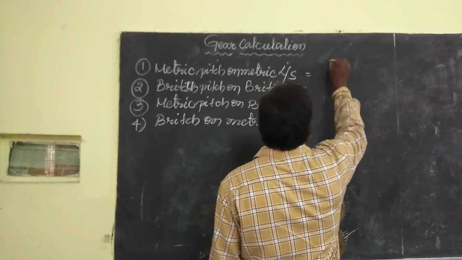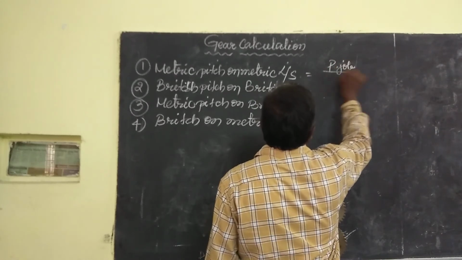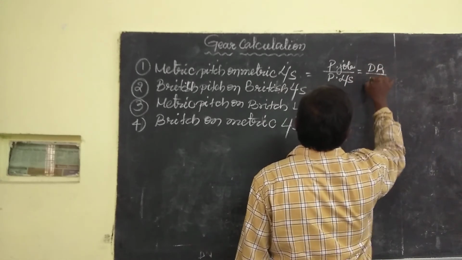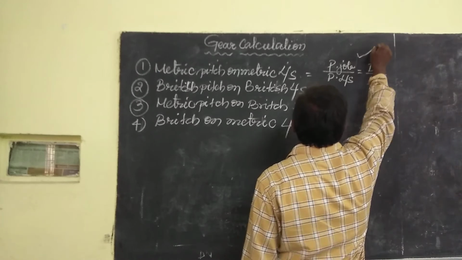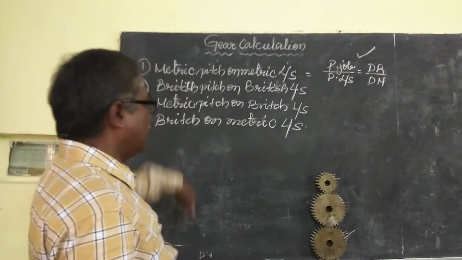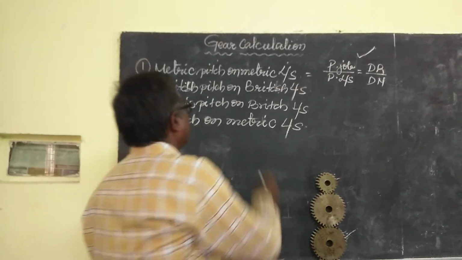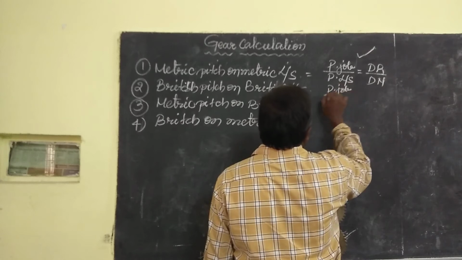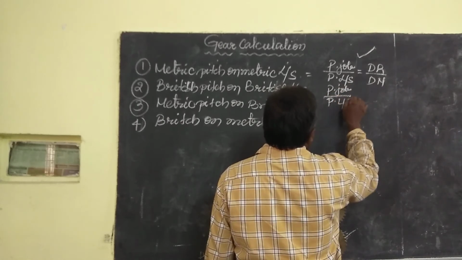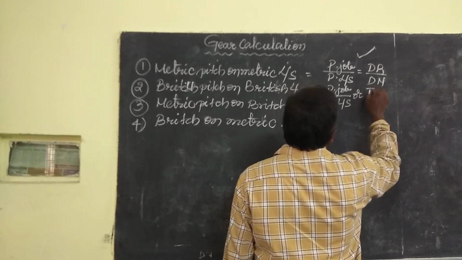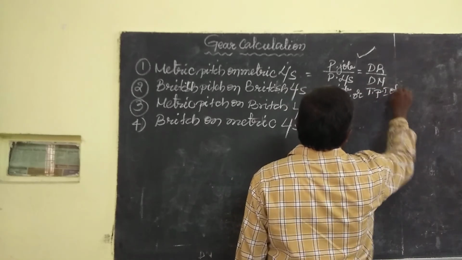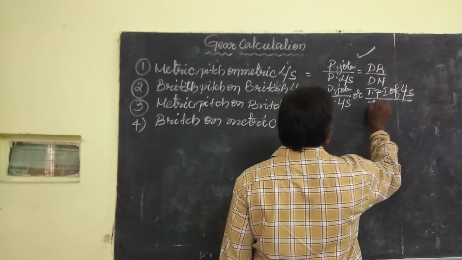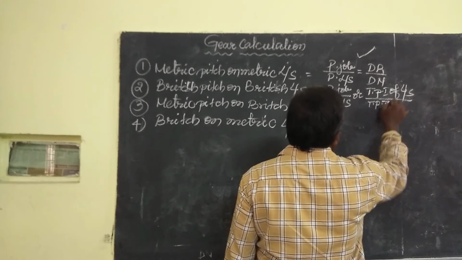This one means pitch of job by pitch of lead screw equals dr by dn. Keep that in mind. This is the main formula from which all the others are derived. Then pitch of job by pitch of lead screw, or TPI of lead screw by TPI of job, that will be reversed.